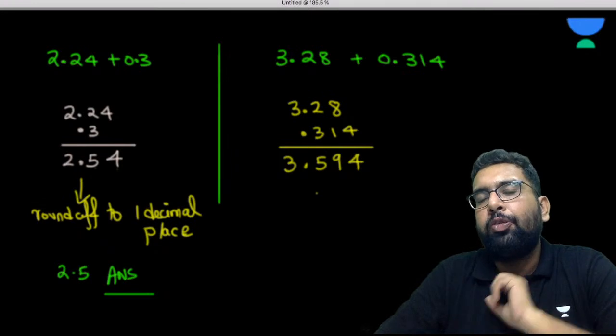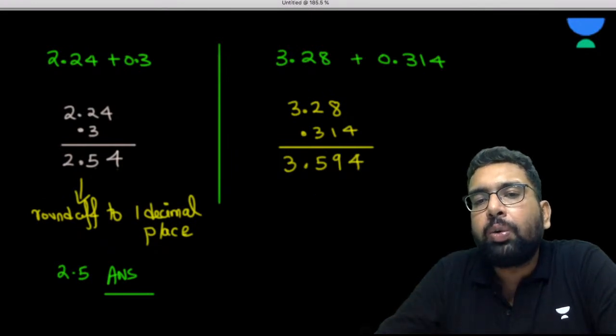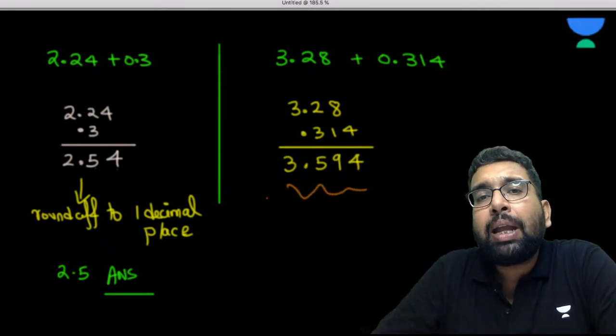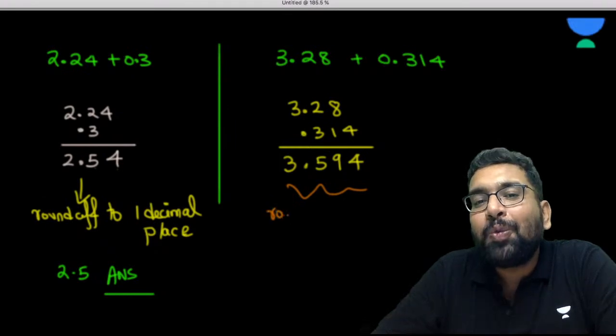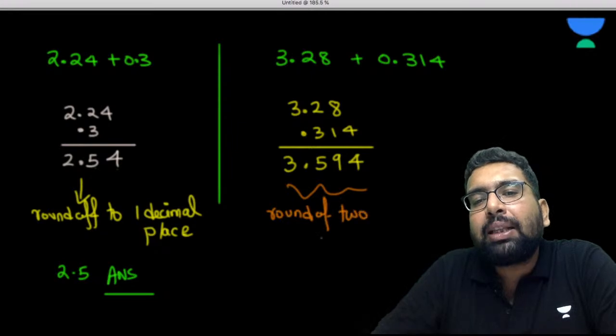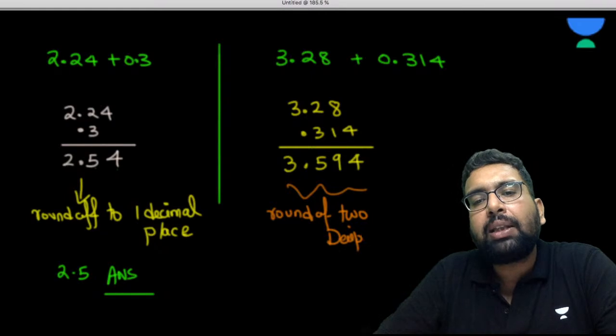No, sir. We must round it off to one decimal place. No, we must round off to two decimal places. Why, sir, must we round it off to two decimal places?